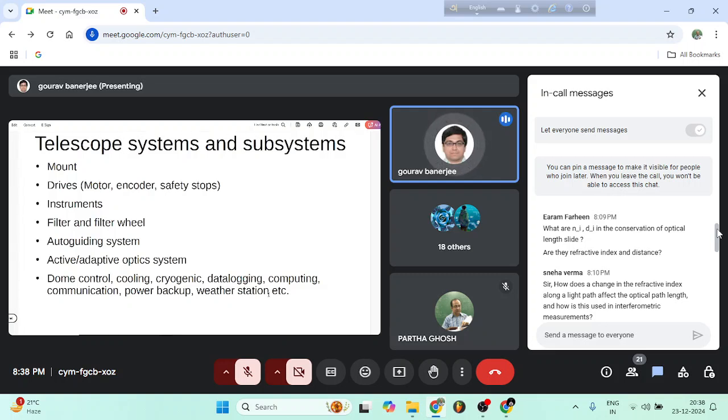But let's say you have a remote telescope operating in a remote area, then the weather station has to do this job, it has to be fully automated, and it becomes a crucial part of the system. So again, you do have to have some contribution from this entire system to make it work correctly.